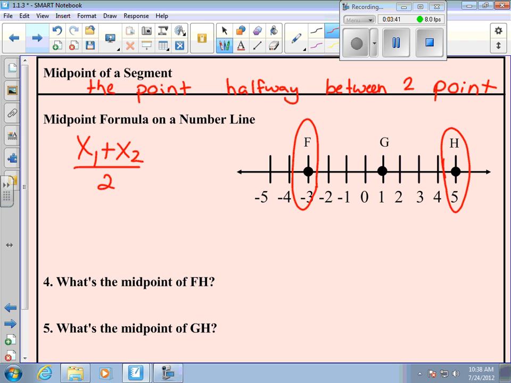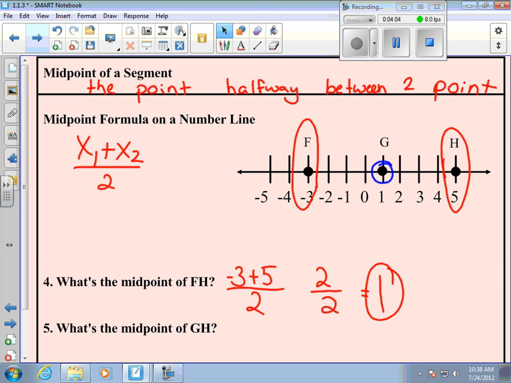So for our midpoint of FH, we're going to do -3 plus 5, and we're going to divide by 2. -3 plus 5 gives us 2 over 2, and 2 divided by 2 is 1. So our midpoint for this is at 1. All right, I want you to take the time to finish up problem 5, finding the midpoint of GH for tomorrow.